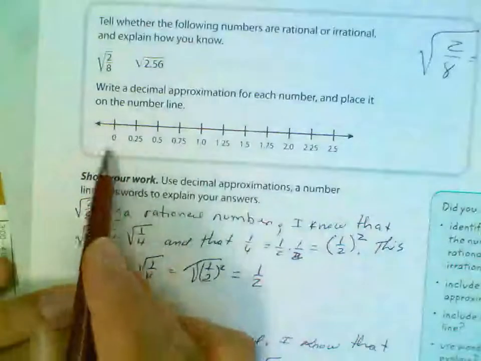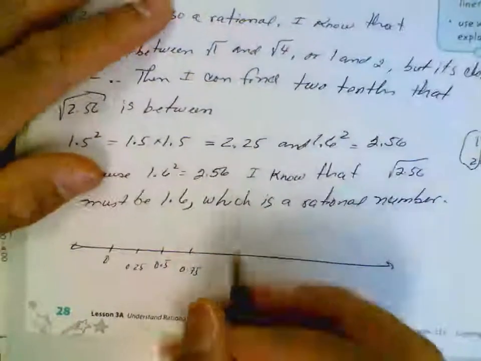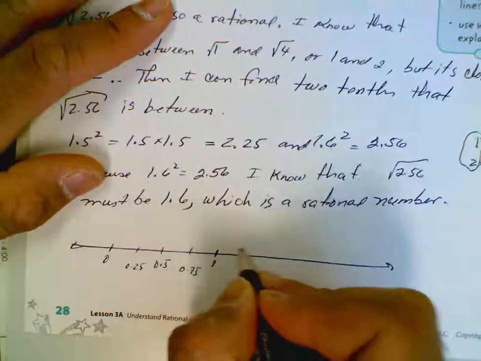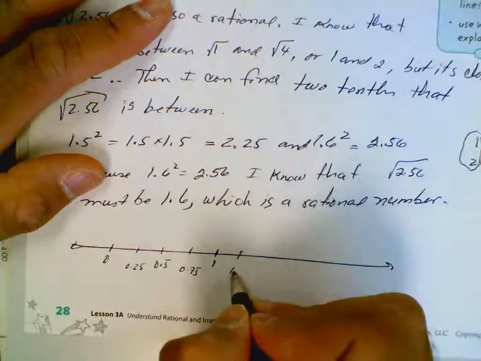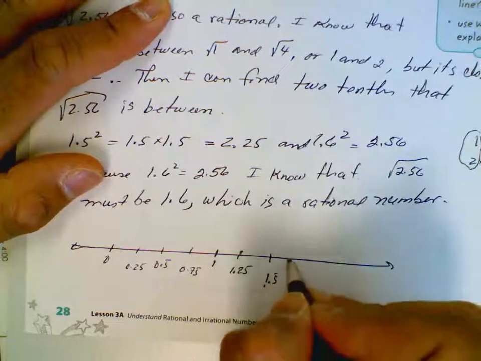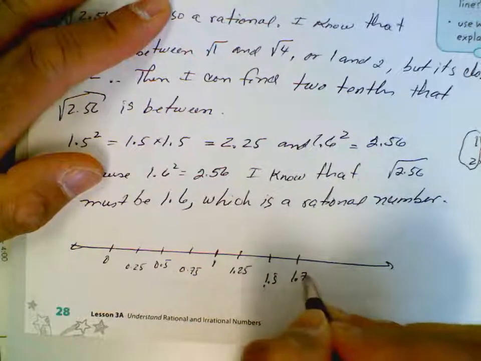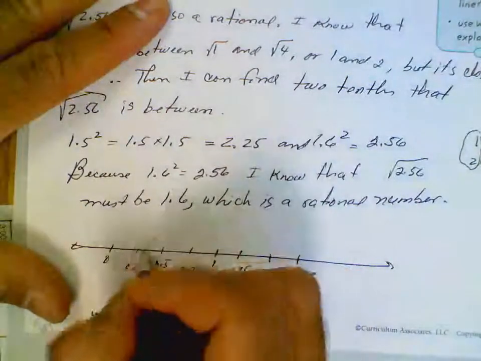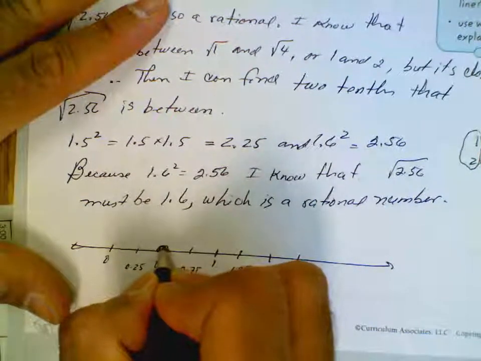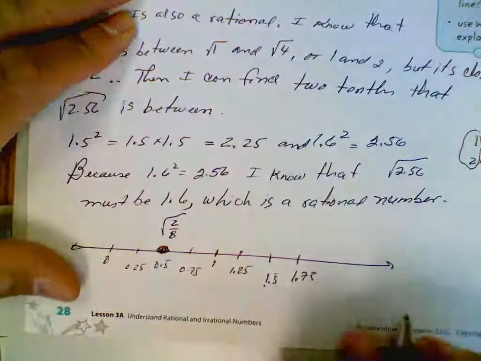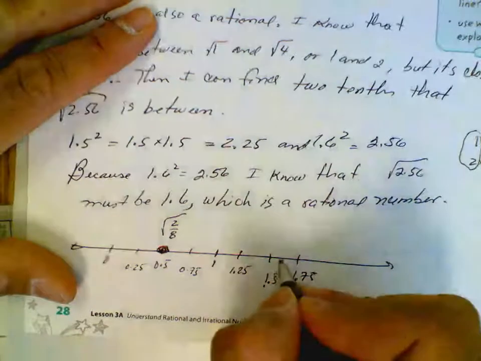Remember that I'm following these numbers. So I'm going to have here 0.75, 1, then I have 1.25, then 1.5, then 1.75. So in this case, 1/2 is 0.5. So at this point is the square root of 2/8. And the square root of 2.56 is 1.6, so it's here.